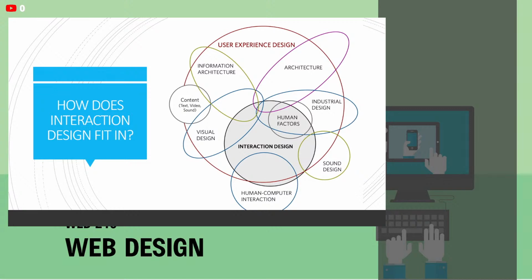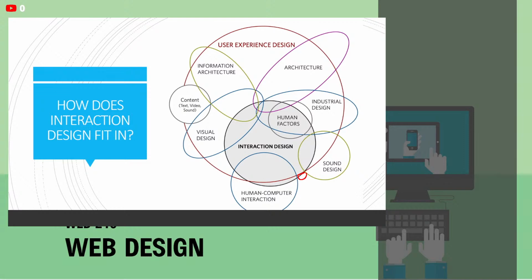And we can see, and it could just be limitations of this Venn diagram, because I don't really know what this section would be, that it is outside of user experience design and outside of everything else, but it's still interaction design. Right?